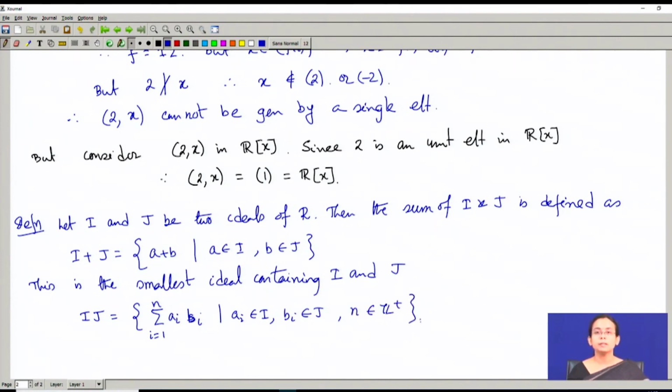So, this is nothing but the collection of all finite sums of the form a_i b_i, where a_i is coming from I and b_i is coming from J.